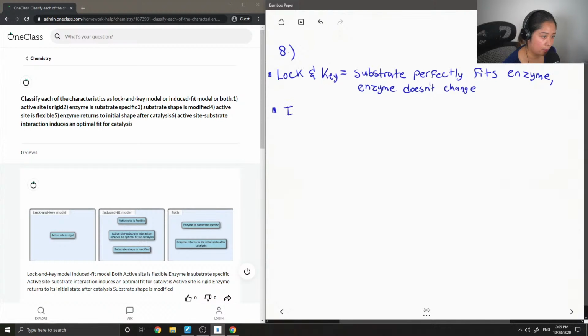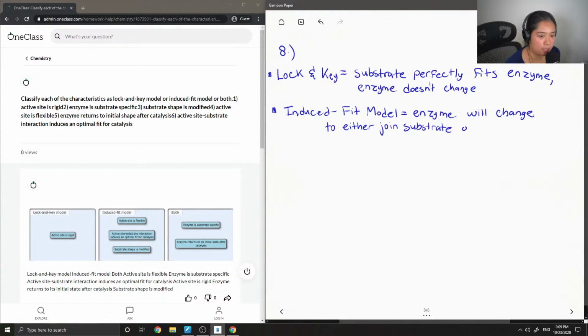And then on the other hand, with the induced fit model, this is when your enzyme will change to either join your substrate or break it down.